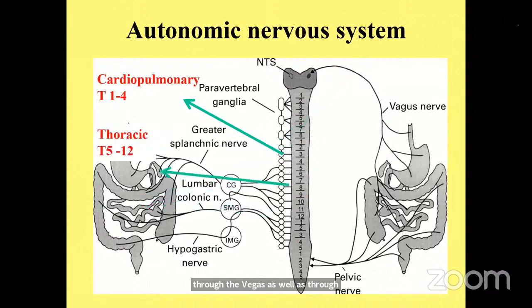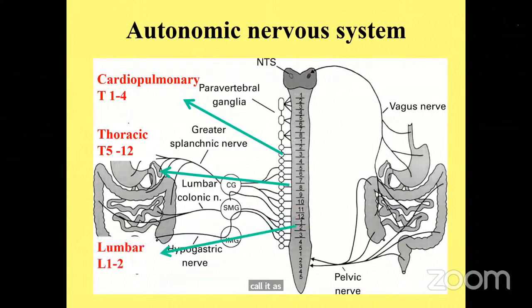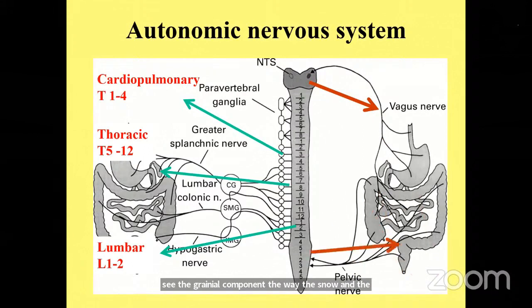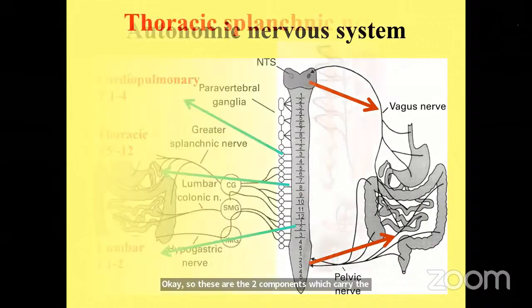Talking about the sympathetic nerves, we have the nerves arranged like T1 to T4, which we call cardiopulmonary. Then T5 to T12, we call thoracic. And lumbar, we have from L1 to L2. Whereas the parasympathetic, that is craniosacral, has the cranial component, the vagus nerve, and the sacral component, the pelvic splanchnic nerves. These are the two components which carry the parasympathetic information.